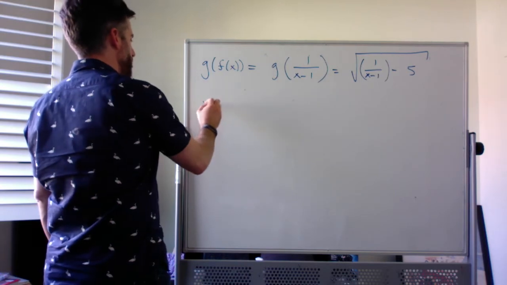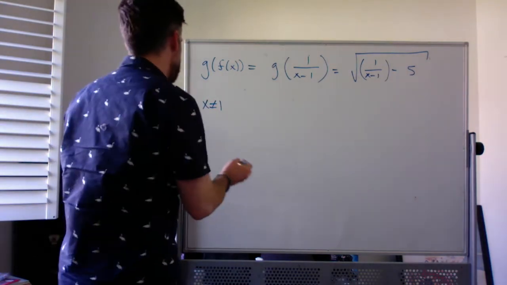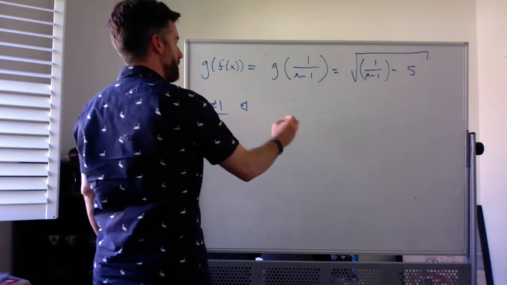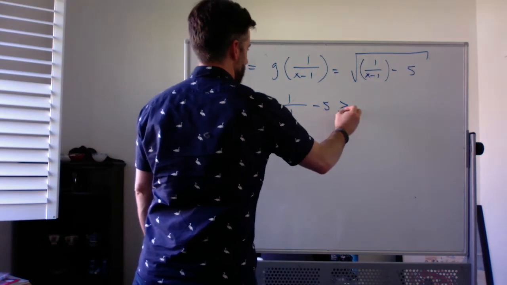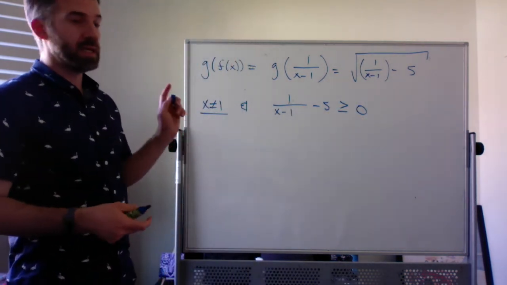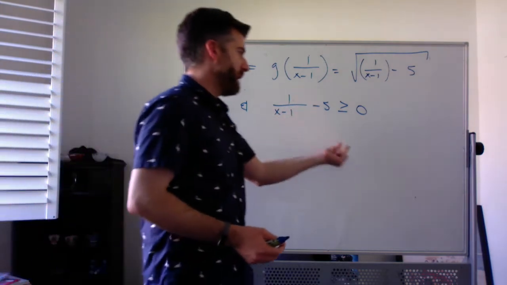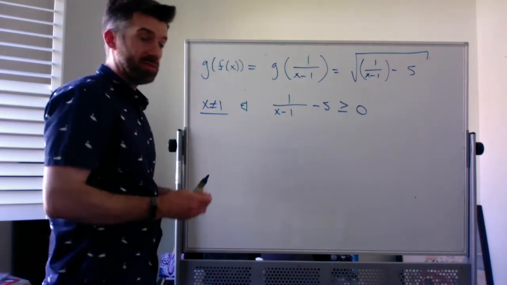So we know for sure that x can't equal 1, right? It's not in the domain of the inner function. And then we also know that 1 over x minus 1 minus 5 has to be greater than or equal to 0. Now, when solving this, it's incorrect to add the 5 over here and then multiply both sides by x minus 1. I'm going to write it down, but then I'm going to erase it, so don't write this down.